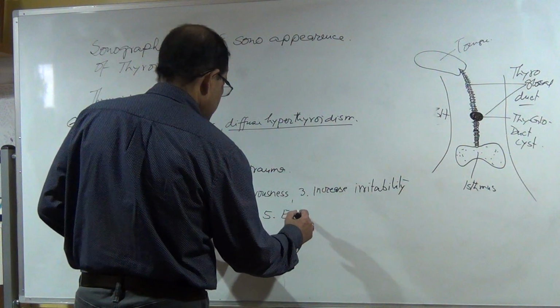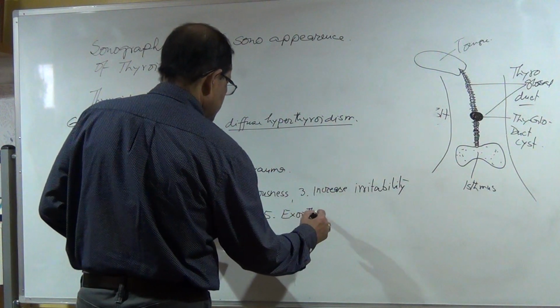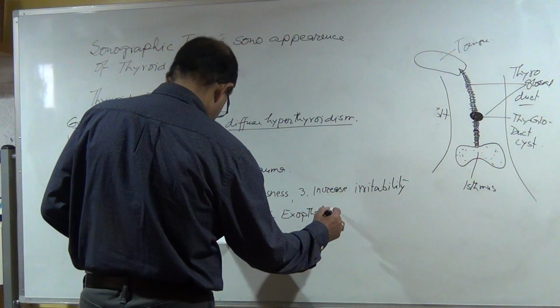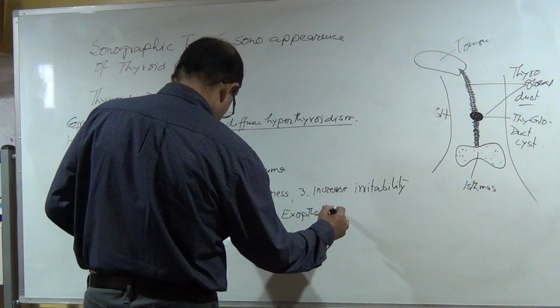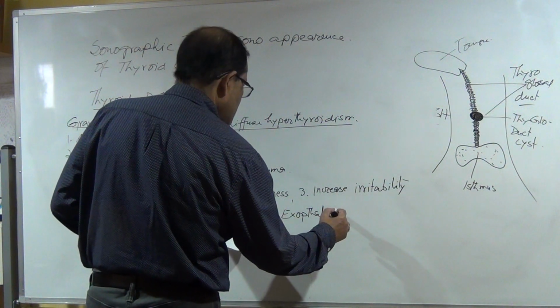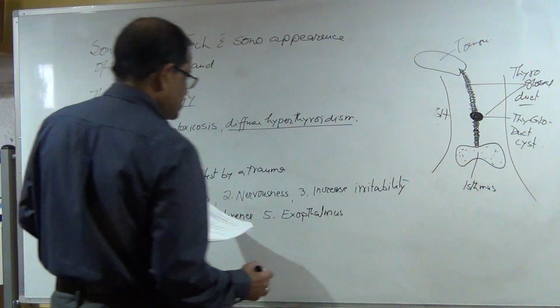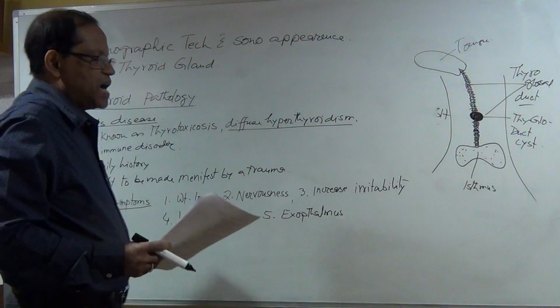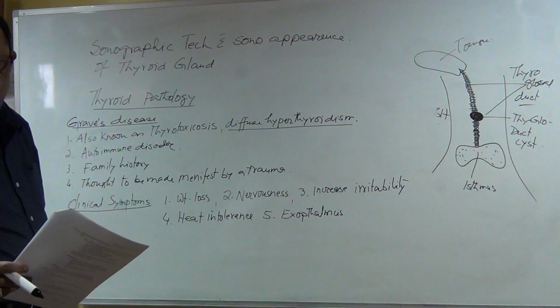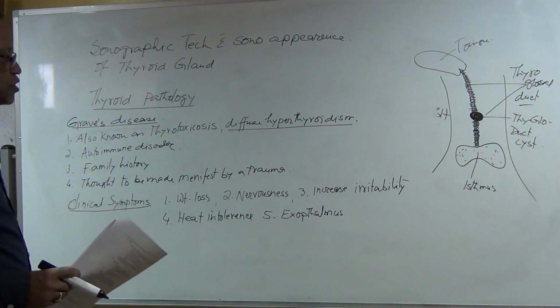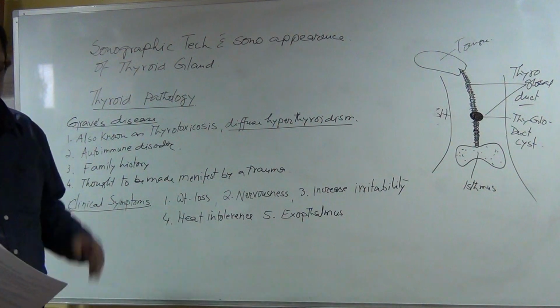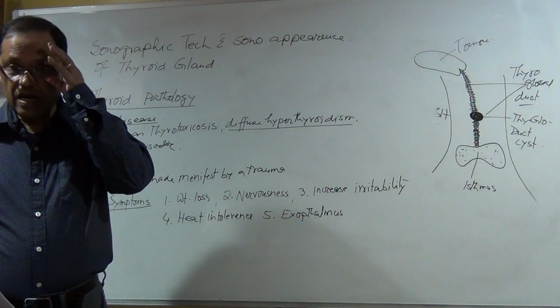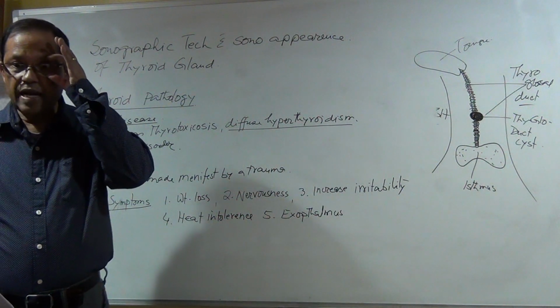And number 5, exophthalmos. Exophthalmos means abnormal protrusion of the eyeball. You can see the eye like this.